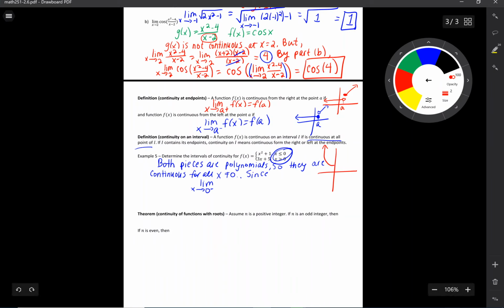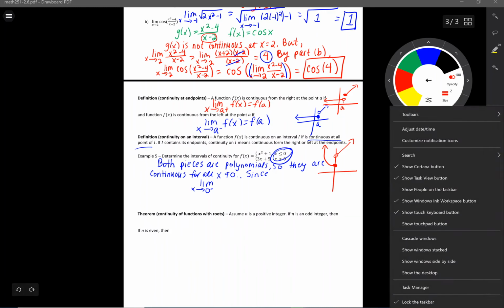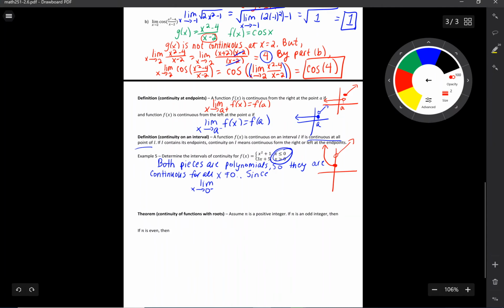So something like this. I have a closed circle there since I can be equal to 0 on this piece. And then greater than 0, I am at 3x plus 5. So something like this. You can see pretty clearly that I am not continuous at the point 0, right? My left-handed limit, though, looks like it is continuous at the point 0.